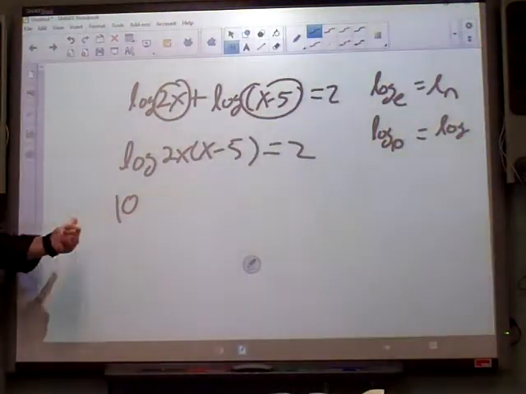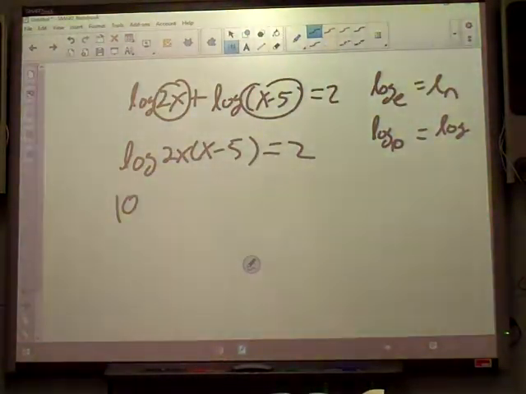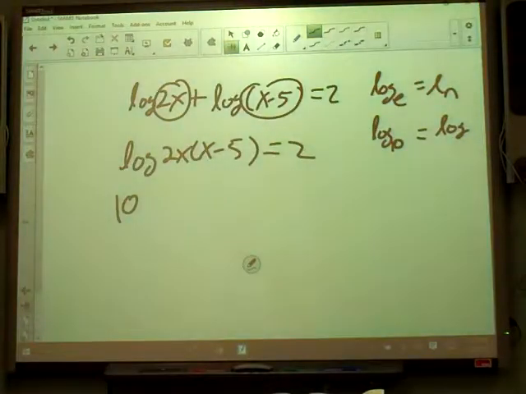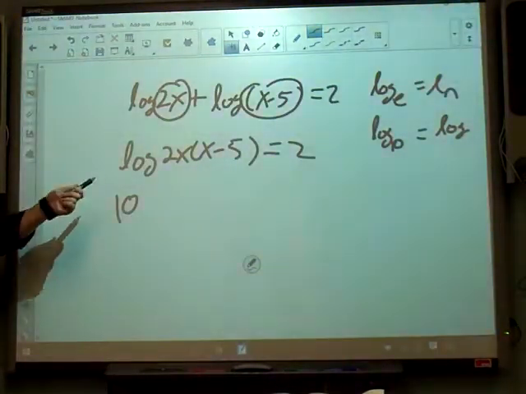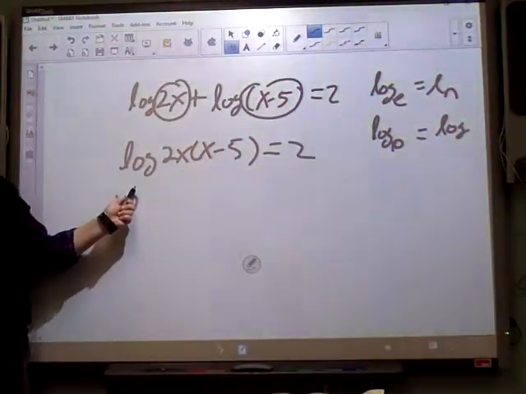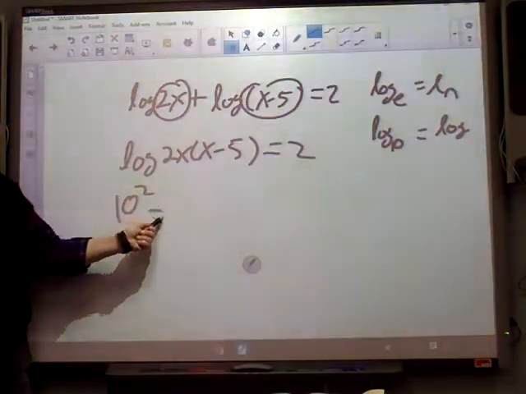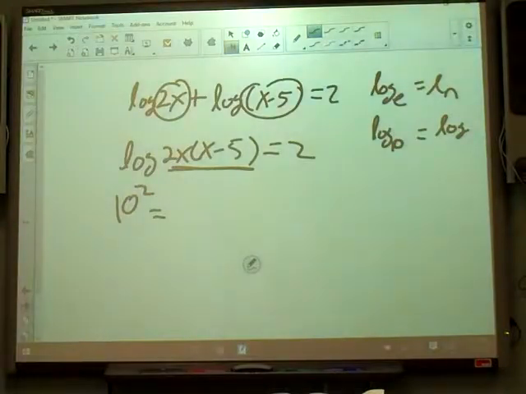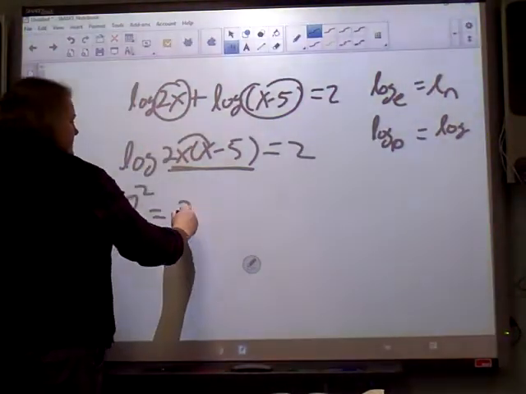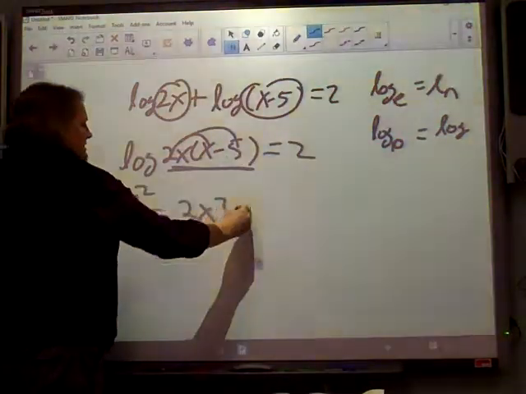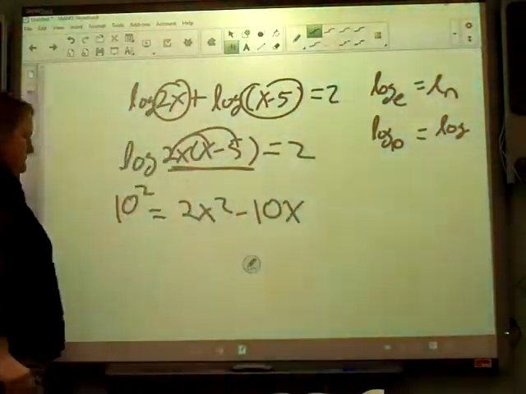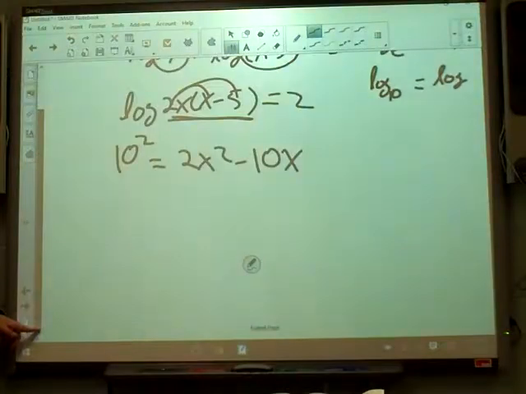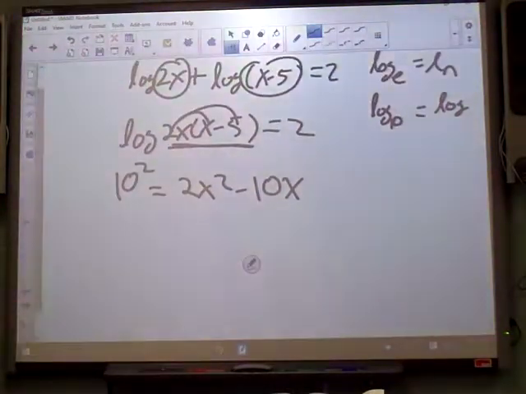What's the exponent that goes with my 10? Good. Exponent's right there, so Stephen's got that too. And then it'll be equal to all of that. Can I go ahead and distribute that 2x when I write this? 2x squared minus 10x. Is that alright?